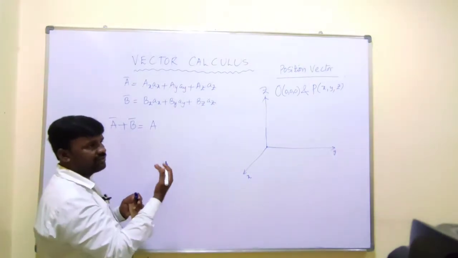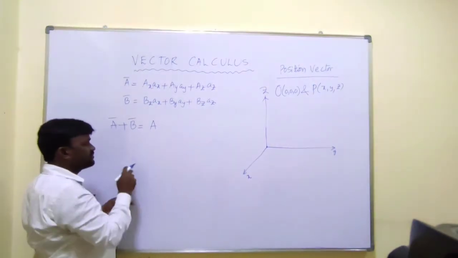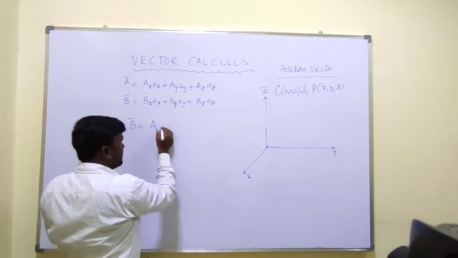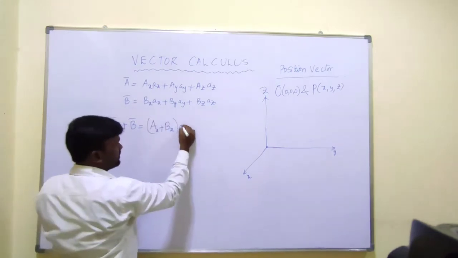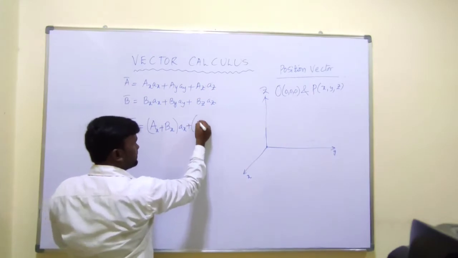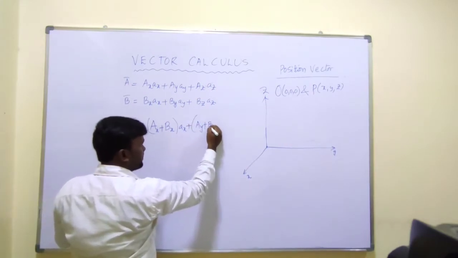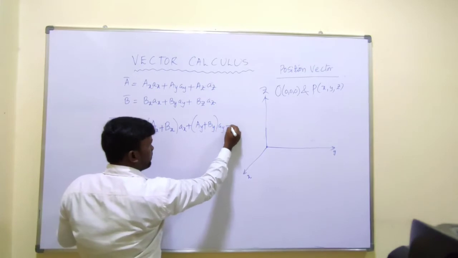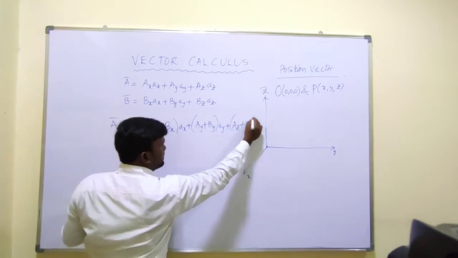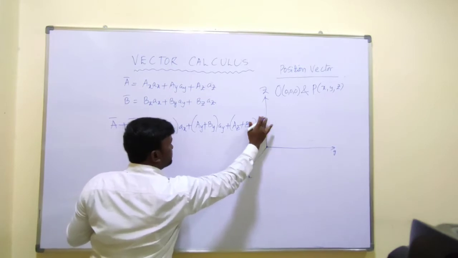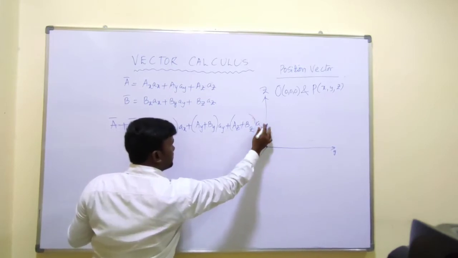By adding all that, we get the resultant vector: A bar plus B bar is nothing but (Ax plus Bx) ax, plus (Ay plus By) ay, plus (Az plus Bz) az.